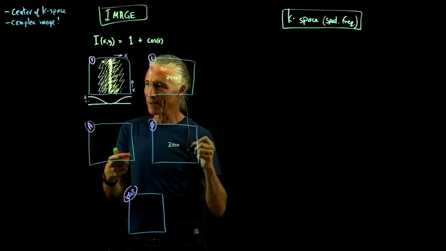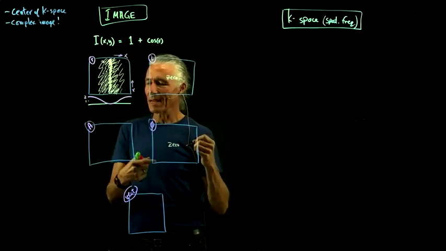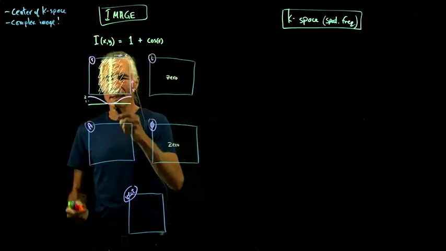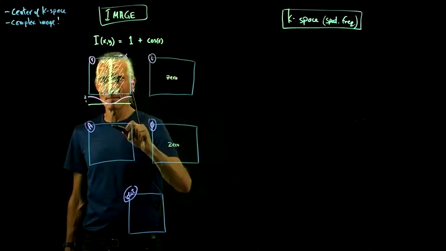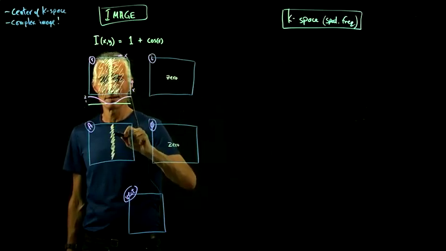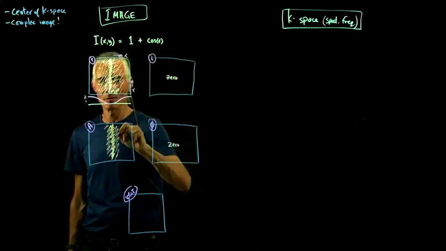Phase 0 means pointing along the positive x-axis. And the amplitude will be exactly the same as the real image, exactly the same cosine amplitude.